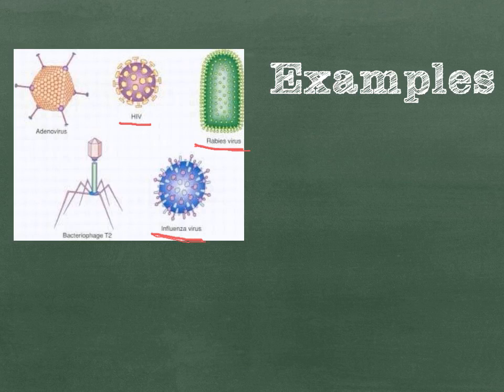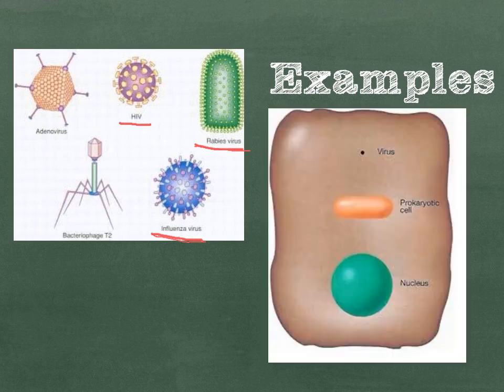But what will happen if we try to compare a viral structure or a viral particle with an actual cell? Well, this picture will be very helpful for that purpose. The brown thing that we are seeing over here is a comparison of the size of an actual eukaryotic cell, like the ones that our body has.